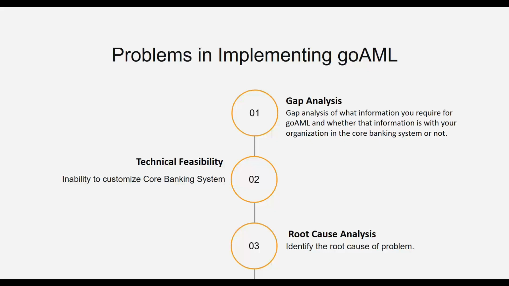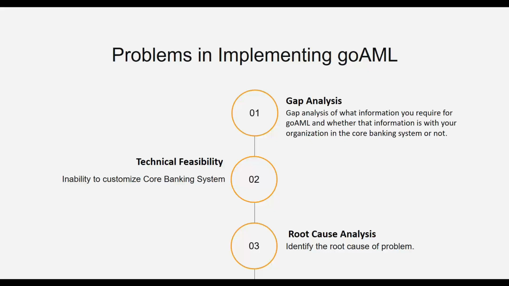Hence, a better method is to have a separate KYC system used for CDD, which is linked to CBS through API. There should be a separate database which will combine the information from both of these systems, from which you can generate XML files for goAML reporting purpose.